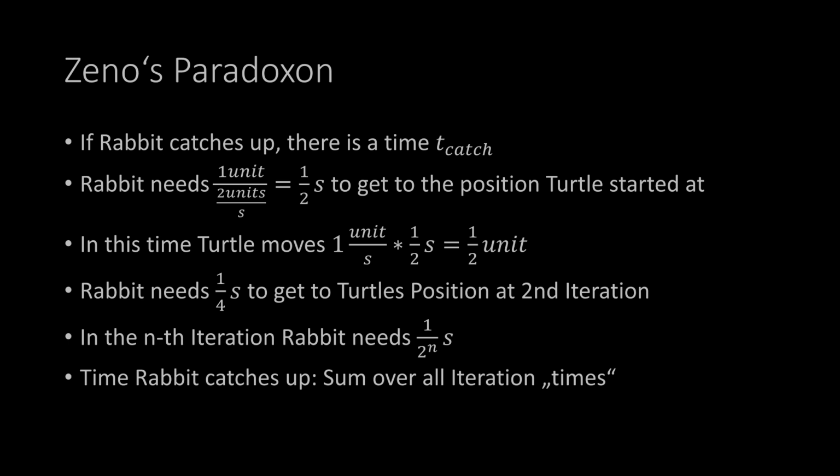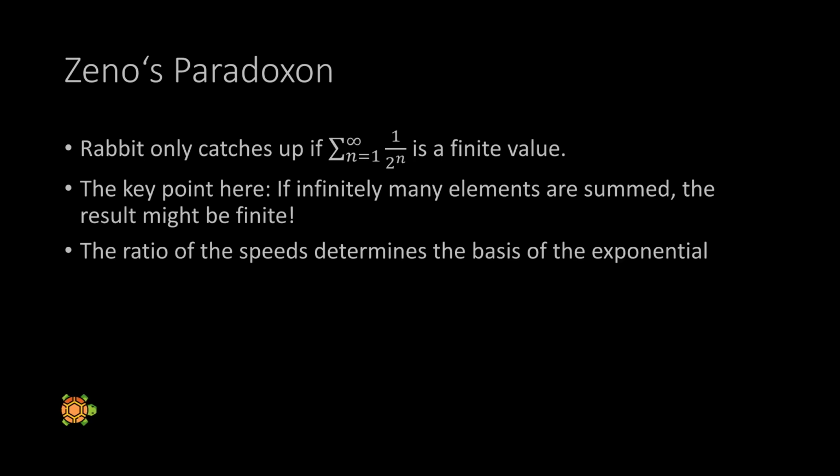Note here that we have infinitely many terms we are summing up, and he can only catch up if the sum is a finite value. Basically the key insight here to resolve the paradox is, if you have infinitely many elements that are summed, the result might be finite.